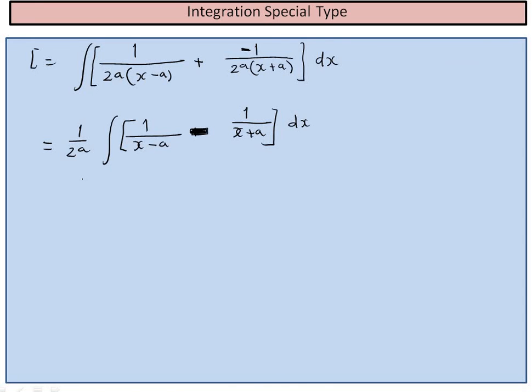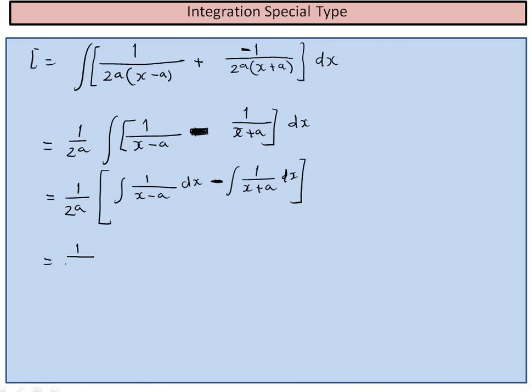Now I can make this separate, but 1 upon 2a will be common to all. So in big bracket, integral 1 upon x minus a dx minus, अभी इतना ज्यादा लिखने की जरूरत नहीं. You people have understood. Integral 1 upon x plus a dx.